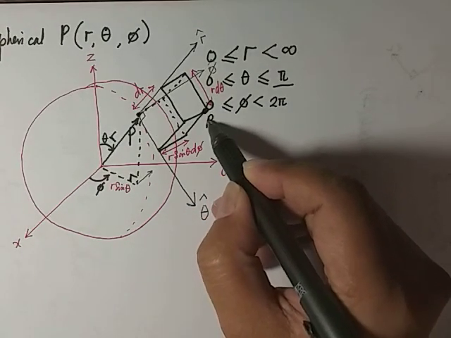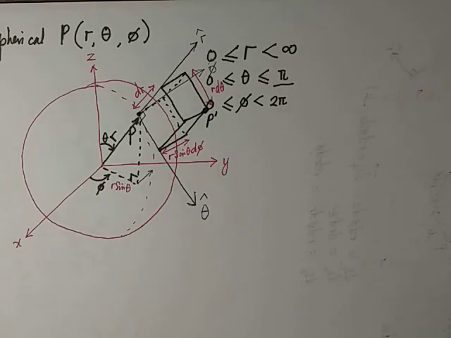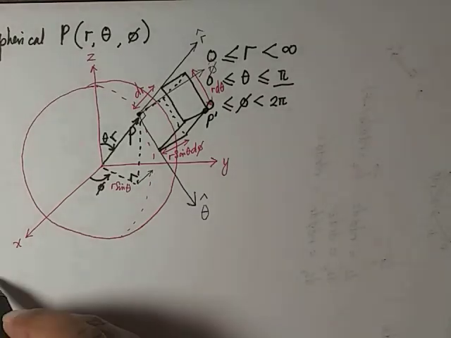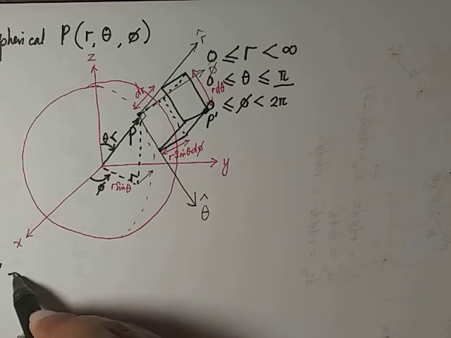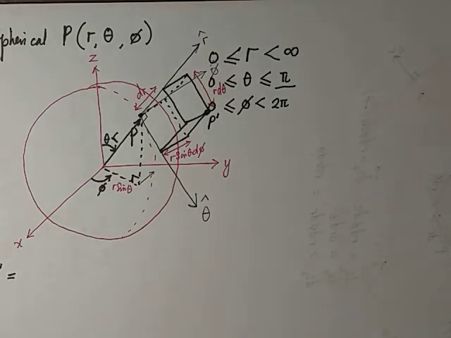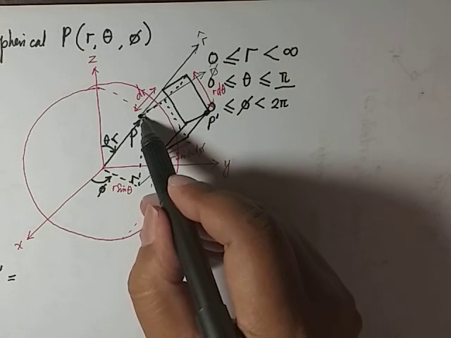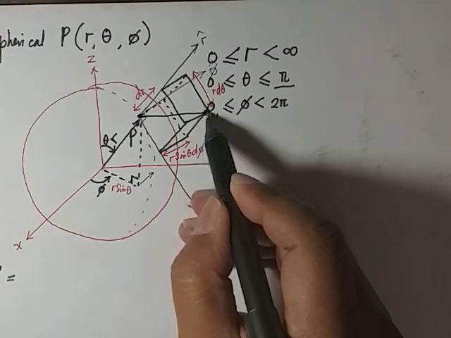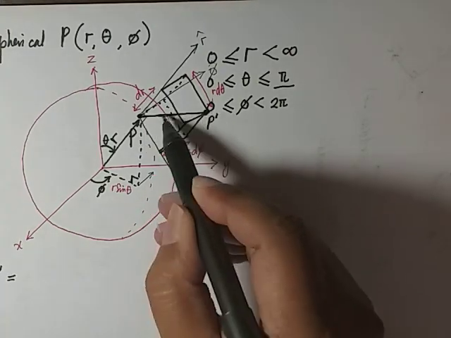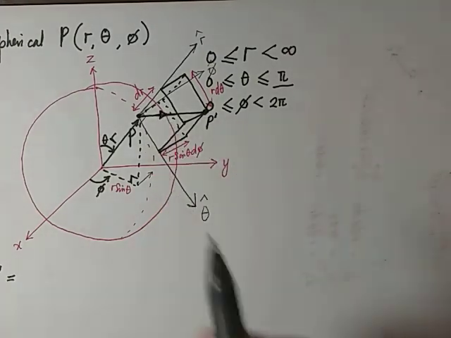We call it P to P prime. So I'm going to move from P to P prime vector. Therefore I'm going to draw the vector now. So from here, I'm going to move in this direction. That should be the vector we are going to define now, P to P prime.